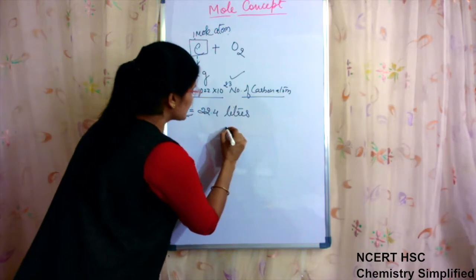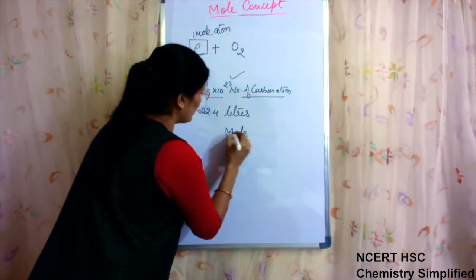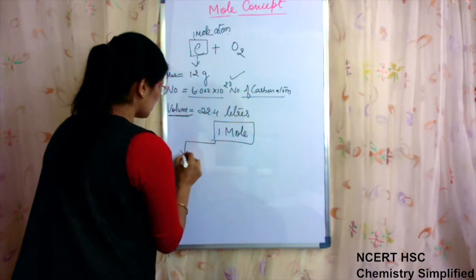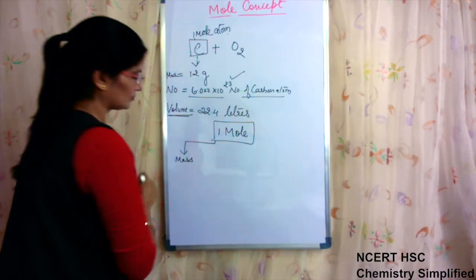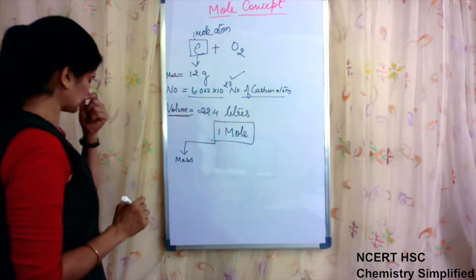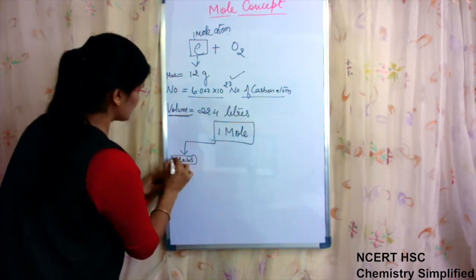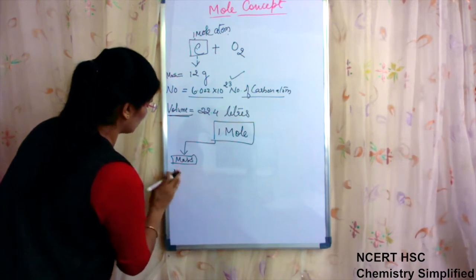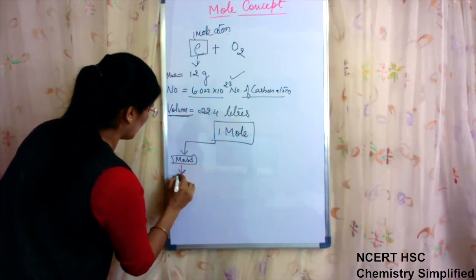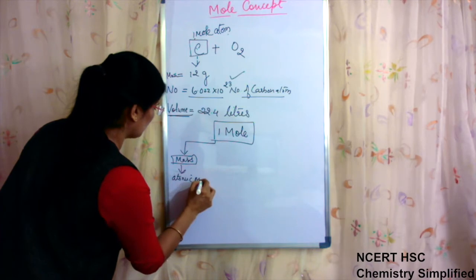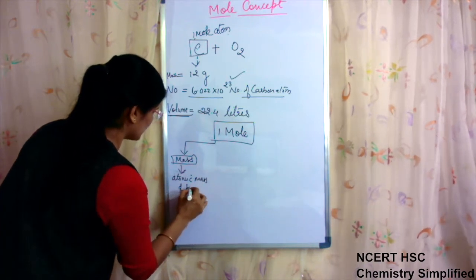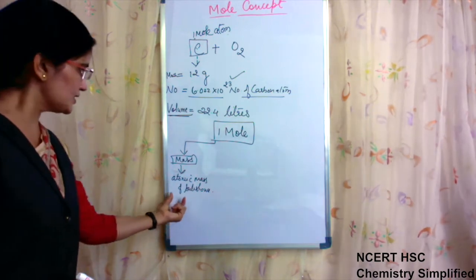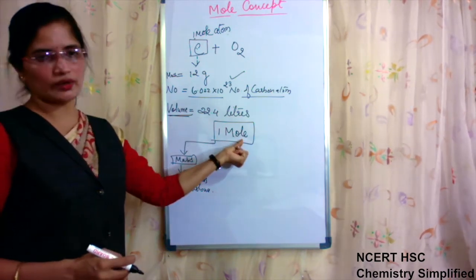So now we can say that if we talk about 1 mole of any substance in terms of mass, it is the atomic mass of the substance. Whatever is the atomic mass of a substance, that is actually equal to 1 mole.